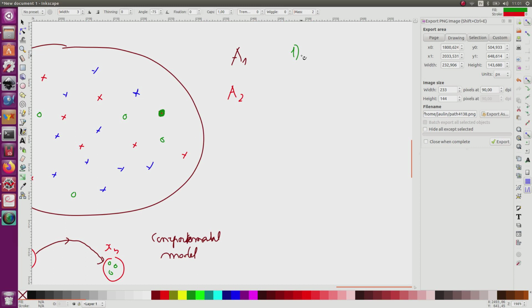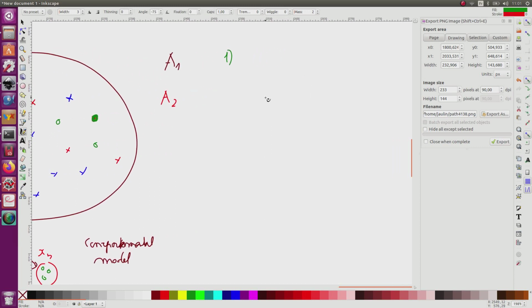For this, due to assumption 1. Assumption 1 tells me that the evolution of the blue is proportional to the population itself, of course. But since the probability to be infected is proportional to the number of infected individuals, it means that I will have something like this.